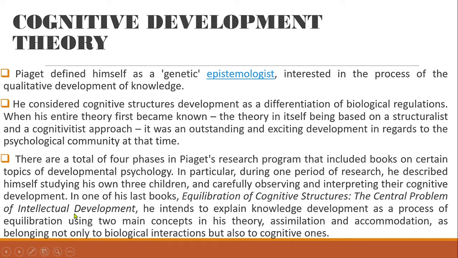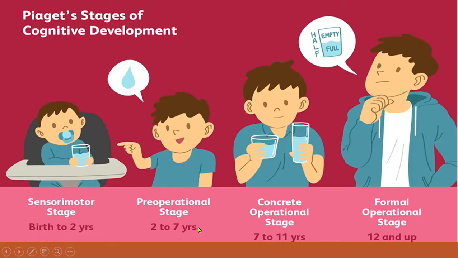So, in one of his last books, Equilibration of Cognitive Structures, the central problem of intellectual development, he intends to explain knowledge development as a process of equilibration using two main concepts in his theory, assimilation and accommodation, as belonging not only to biological interactions but also to cognitive ones.